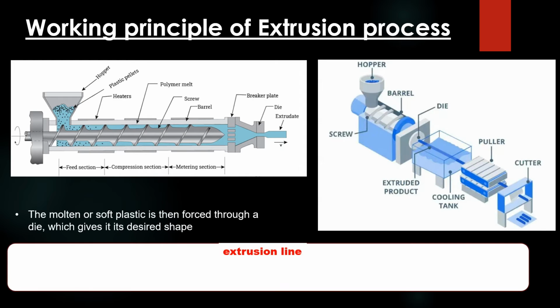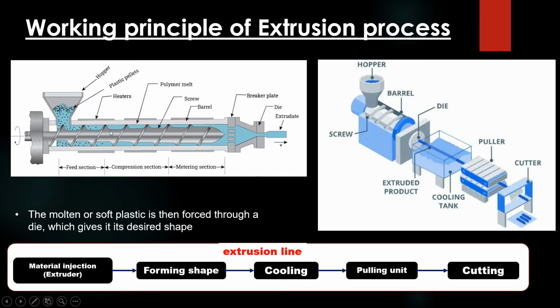Here you can see the extruder and the extrusion line. In the extrusion line, the first step is adding the material through the hopper, and it goes into the extruder. Just like in injection molding, we have the injection unit.